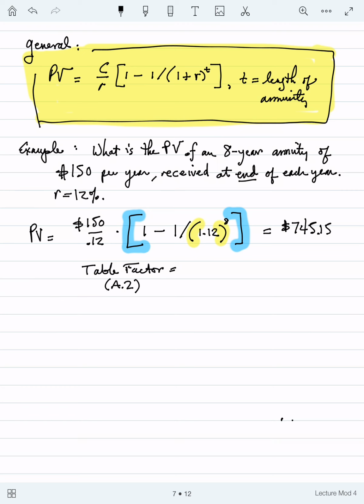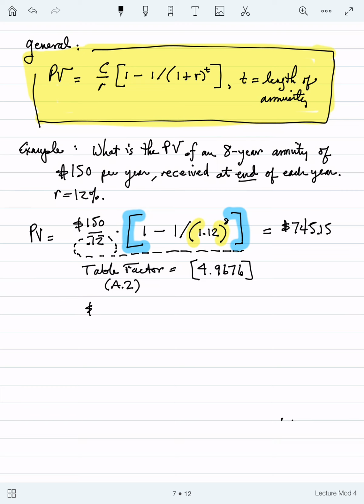The table factor in Appendix 2 is 4.9676, and you could take 150 times this factor. This factor is what sits inside these parentheses, and it also includes this divisor right here.